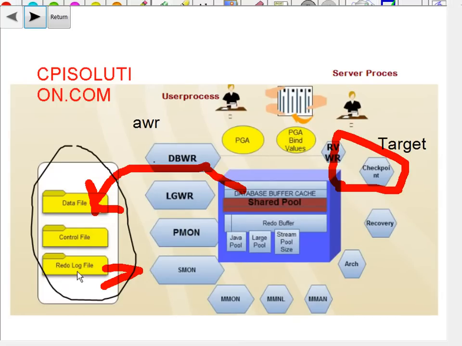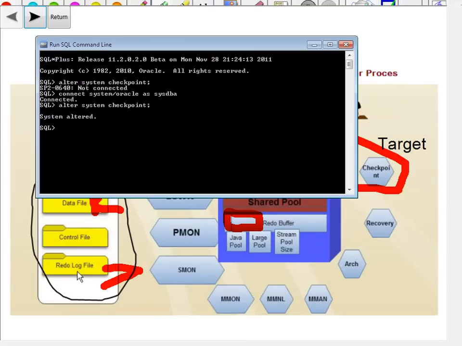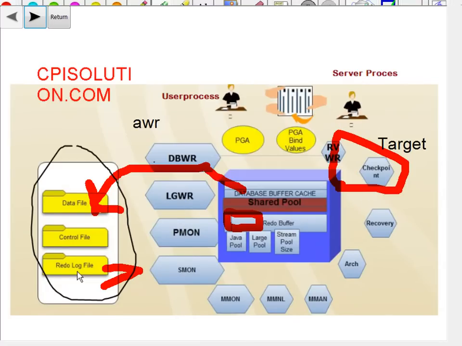When your redo buffer is say 1/3 filled, a checkpoint occurs. It can also be set using parameters like log checkpoint timeout interval, etc. So now you understood that there are different reasons why a checkpoint will occur, and whenever a checkpoint occurs, data from the buffer cache goes into the data file, and this is done by the DBWR.